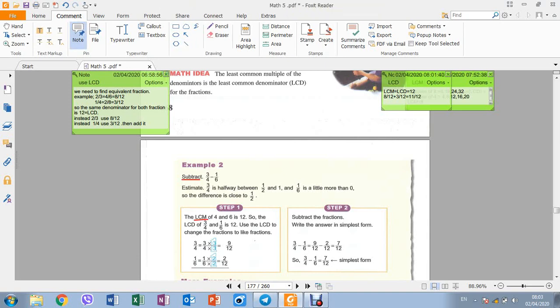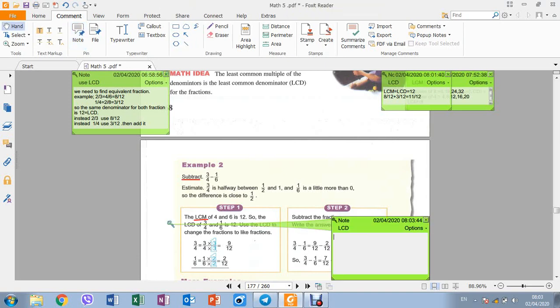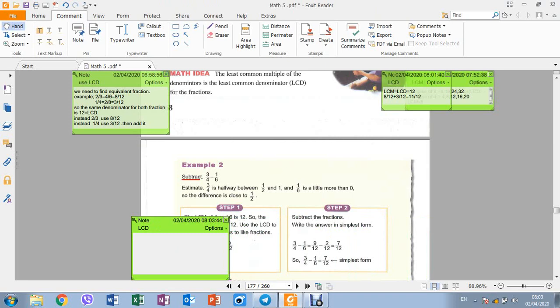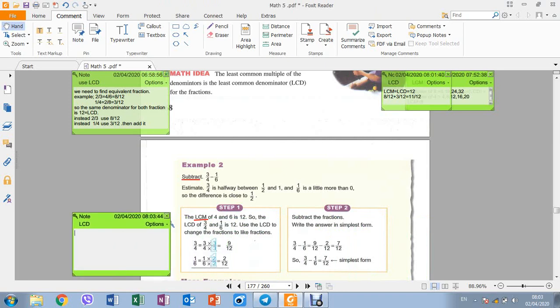So find the LCM of these two denominators, 4 and 6.